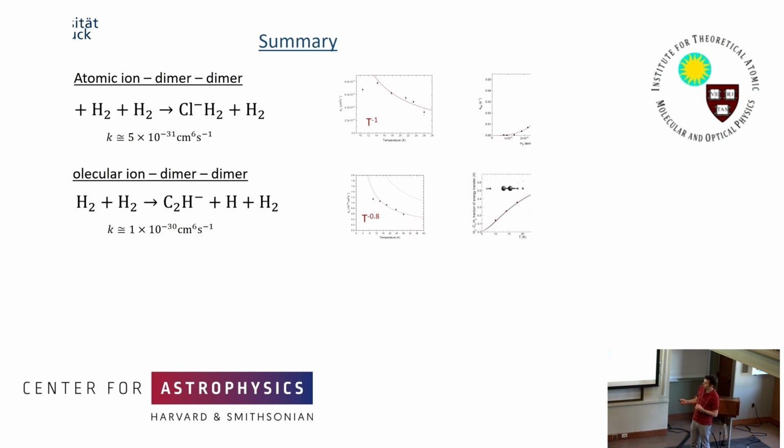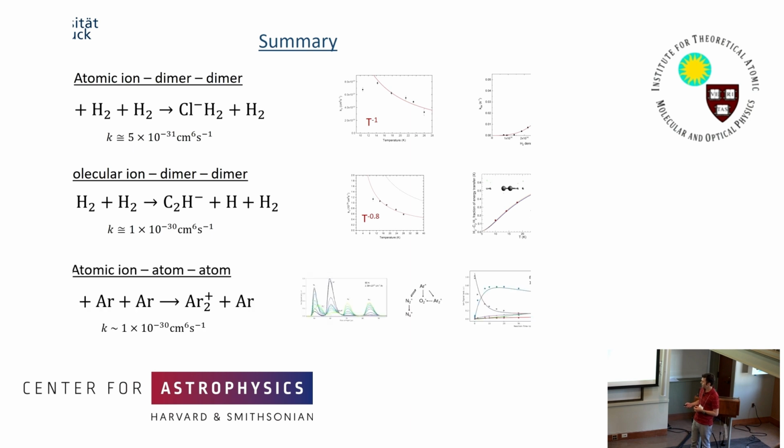We measured C2 minus plus H2, which is a bond-breaking reaction, also a little different than normal, where we get this T to the minus 0.8, maybe, but we did modeling that seems to at least model the results very nicely. And we are still working on the argon plus 2 argons in the region of 10 to the minus 30, but there are still some chemical issues that we have to figure out.